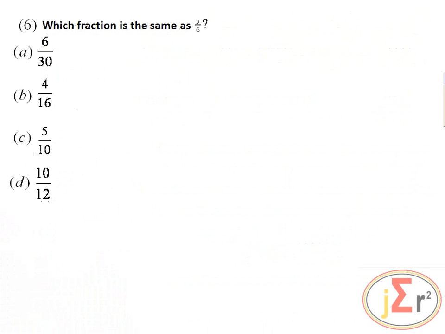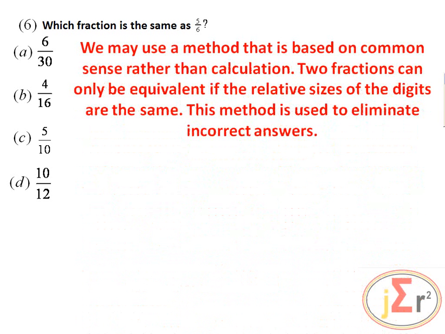Which fraction is the same as 5/6? We may use a method that is based on common sense rather than calculation. Two fractions can only be equivalent if the relative sizes of the digits are the same.